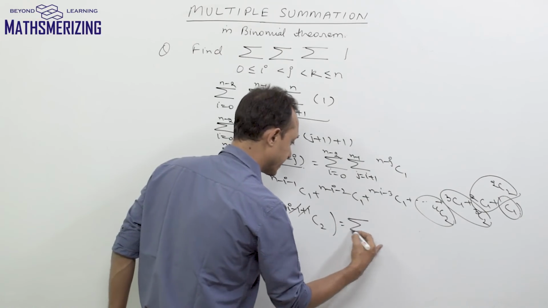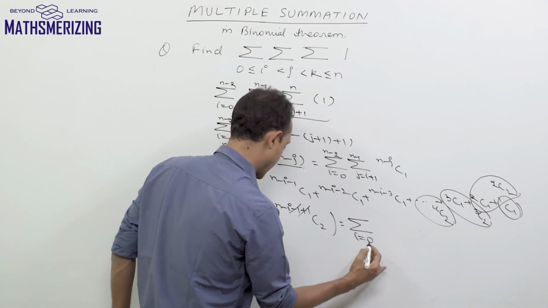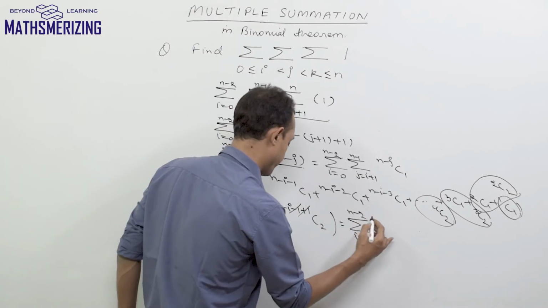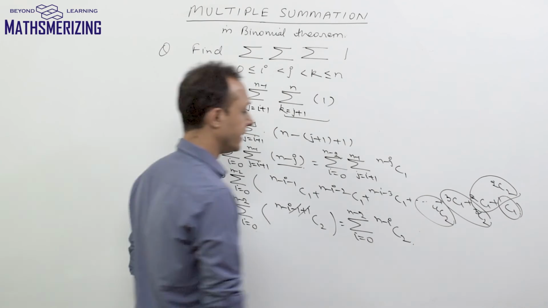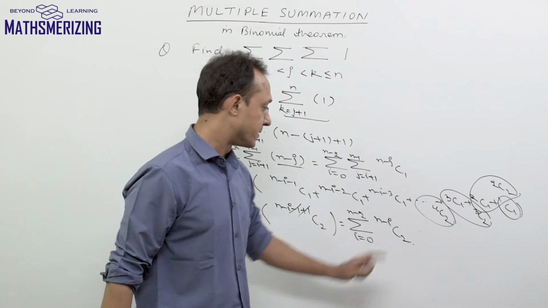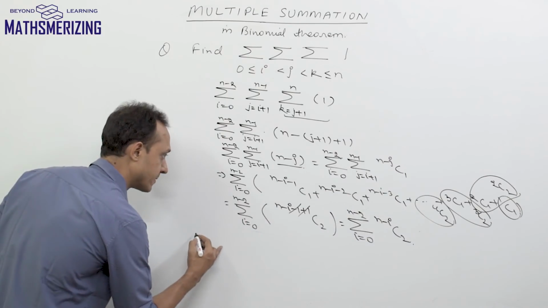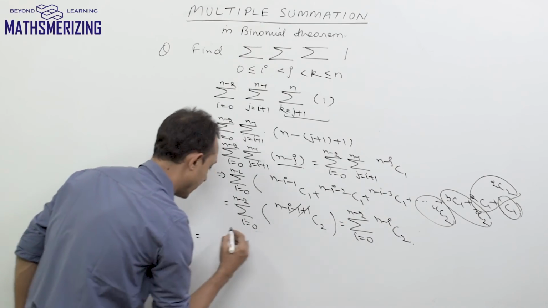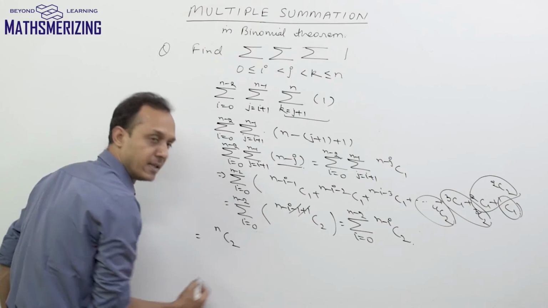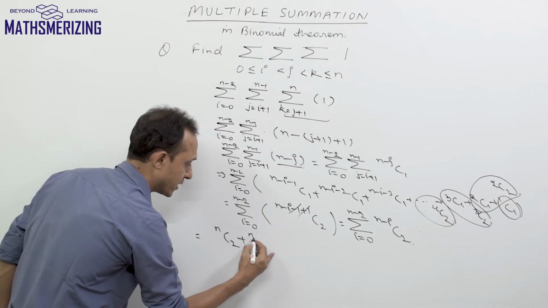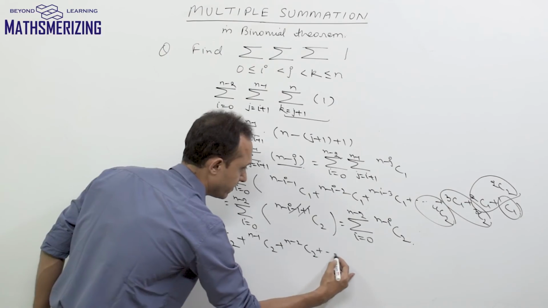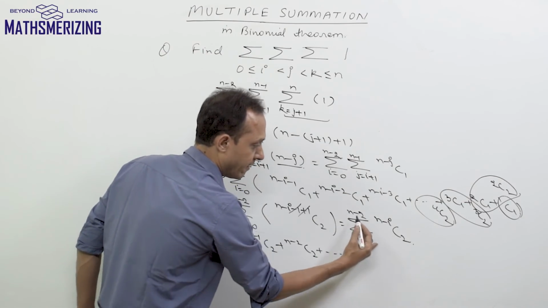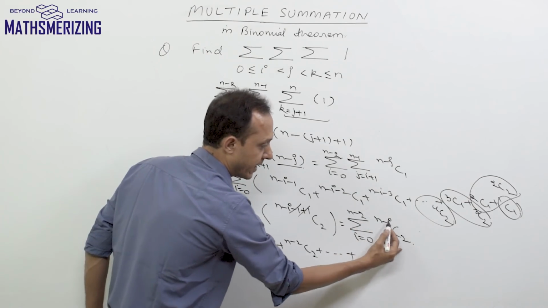I'll get the series as summation i varies from 0 to n minus 2, n minus i c2. Now I'll try and solve this series. If I put i as 0, I'll get nc2. Then for i as 1, n minus 1 c2, n minus 2 c2, and finally when I put i as n minus 2, I'll get 2c2.